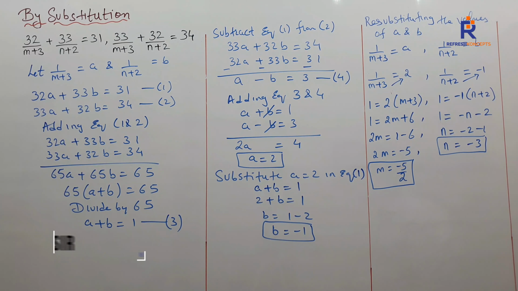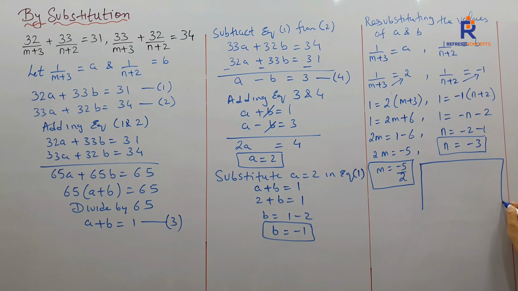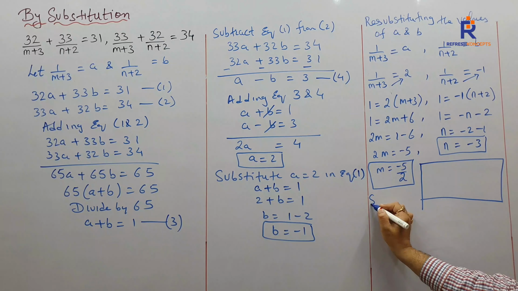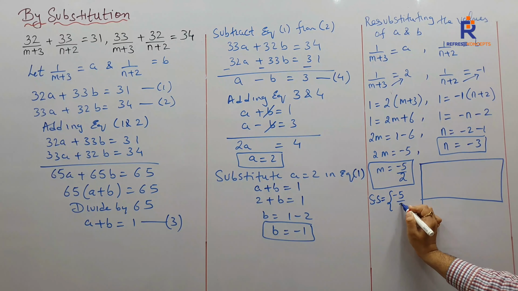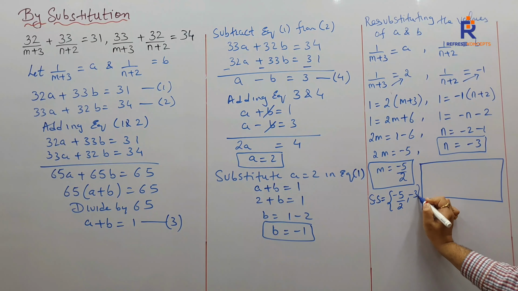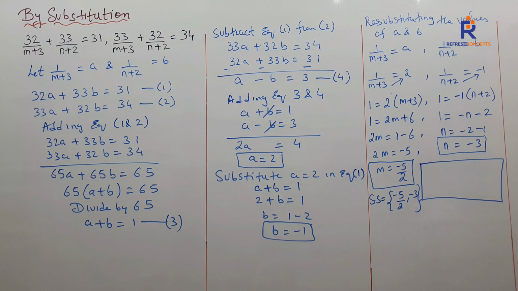Let's check whether we are right or wrong. So here comes the cross check. Before that, if you want, you can write down the solution set. Your solution set is going to be minus 5 by 2, comma, minus 3. This is nothing but the cross check.